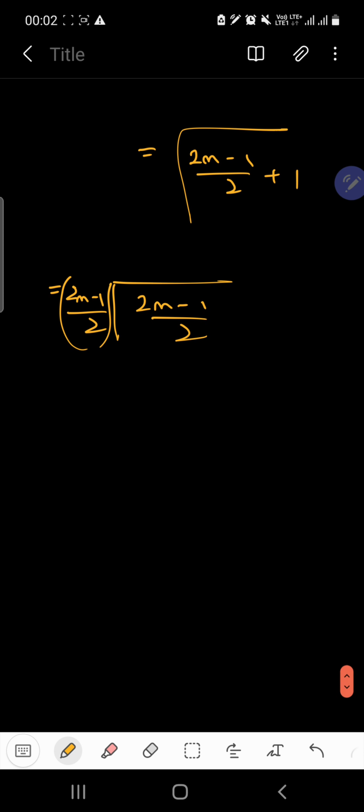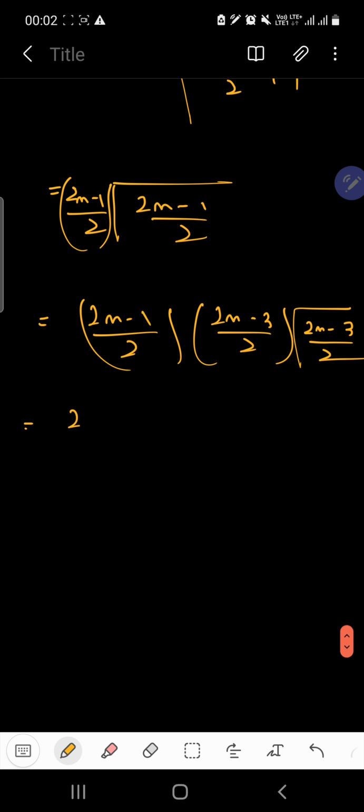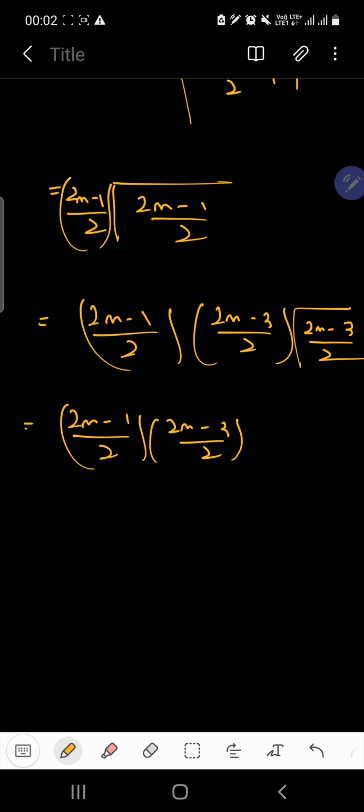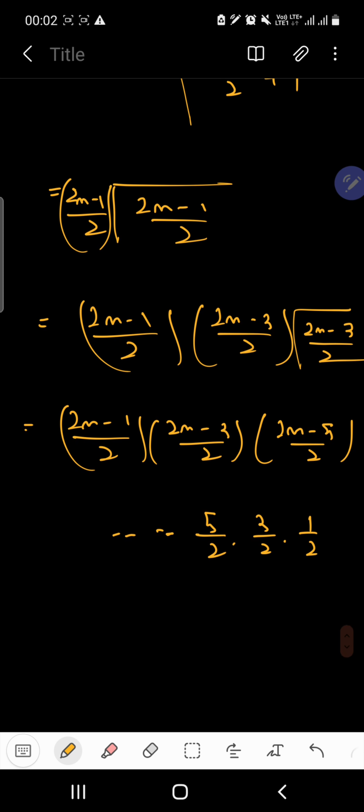Clear? And this process continues. Then this becomes 2n minus 1 over 2 times 2n minus 3 over 2 times gamma of 2n minus 3 over 2, and this process continues like this. Here we have 2n minus 3 over 2, then 2n minus 5 over 2, and this continues till we have 5 over 2 times 3 over 2 times half. Then we will be having gamma half.